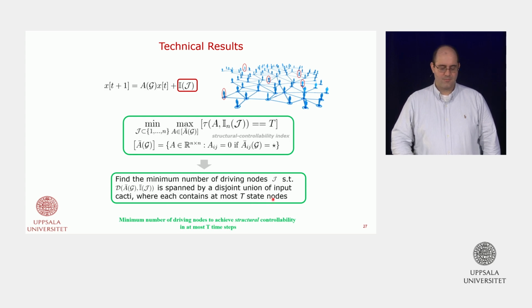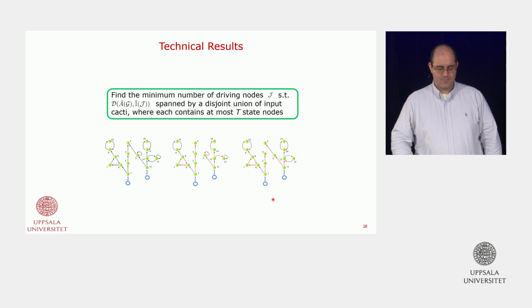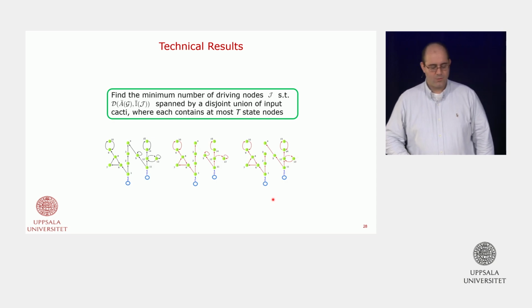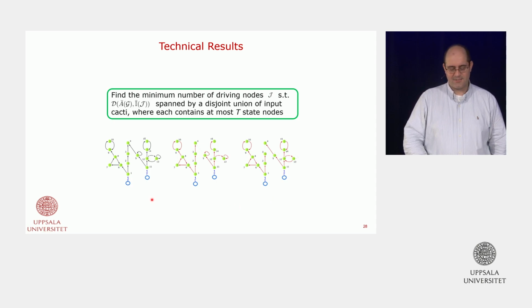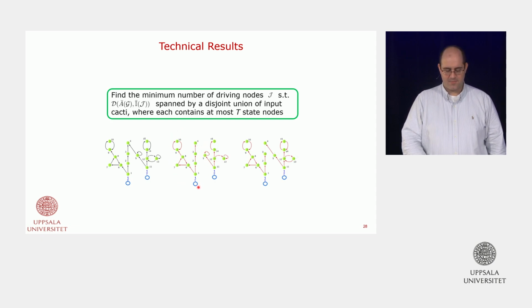Now, if we do that, there's a question about how easy it is to solve this problem. If I take a very specific example, suppose I start with this digraph. Well, I could clip it in this way. So I have here these input cacti. You see a stem and then connected to cycles. Then here again, a stem connected to cycles. In this case, the cycles are just self loops.